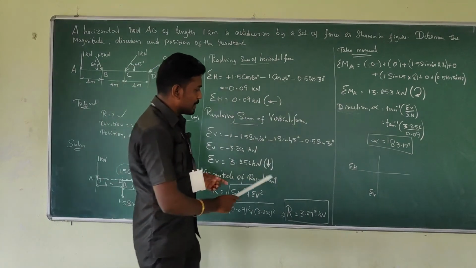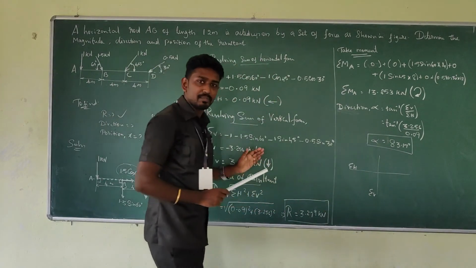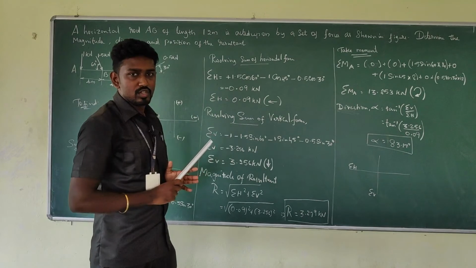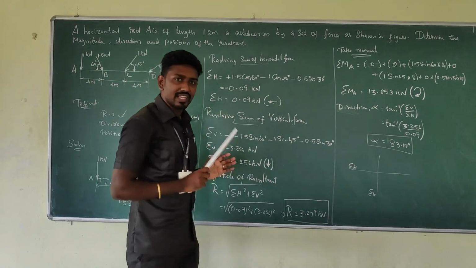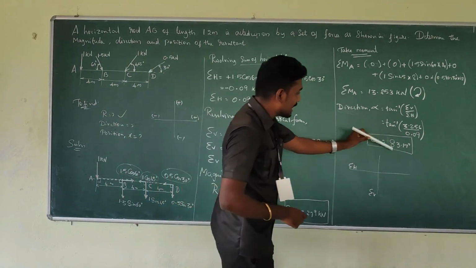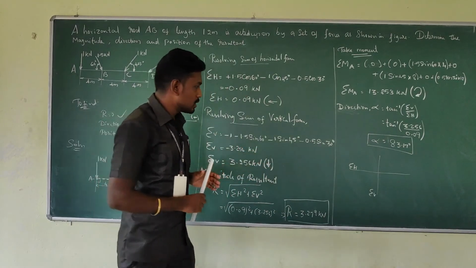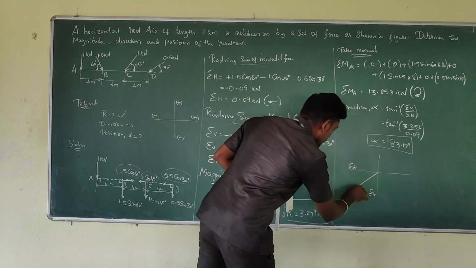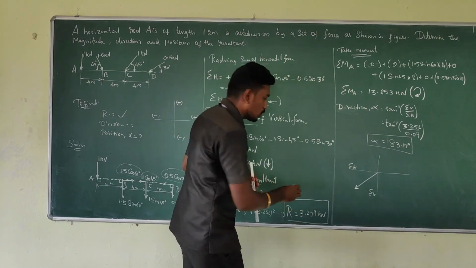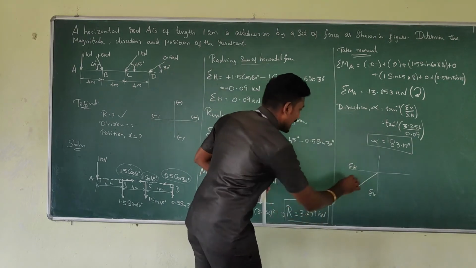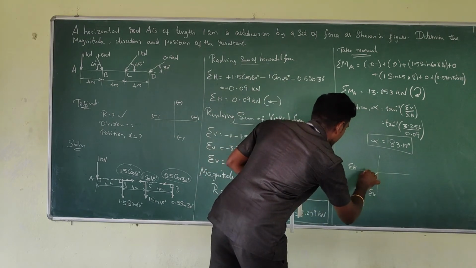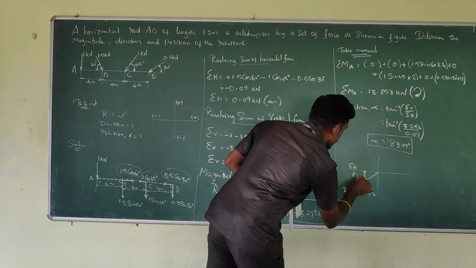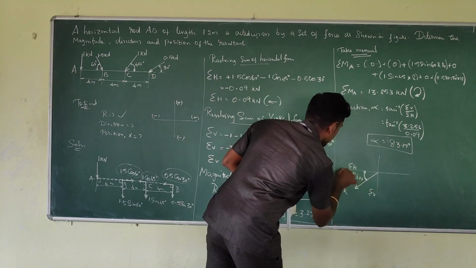The resultant will be in between summation of H and summation of V as per the resolution method. And our angle is 83.17, right? So between these I am going to note the resultant with the angle alpha, 83.17.